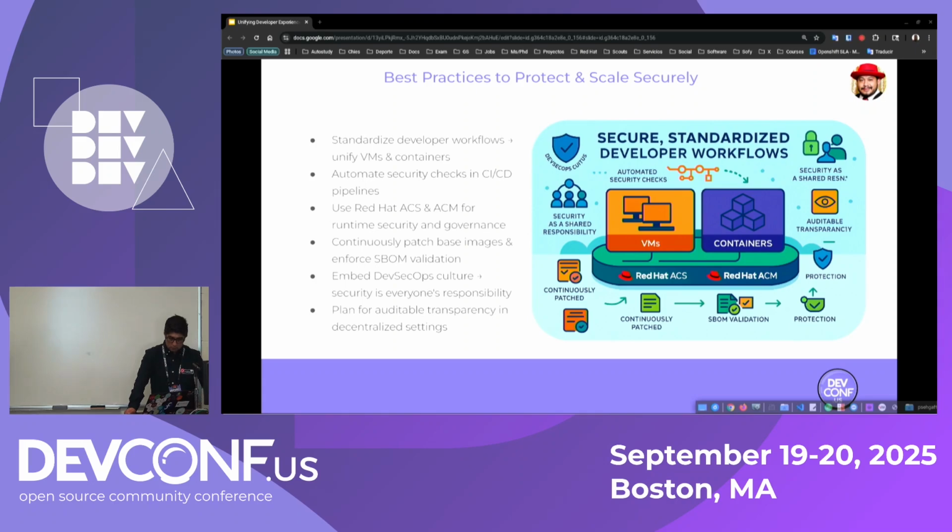Start to work with containers for all applications that have the opportunity to become cloud native applications. Maintain the security responsibility with the developers and DevOps architects or DevOps engineers.